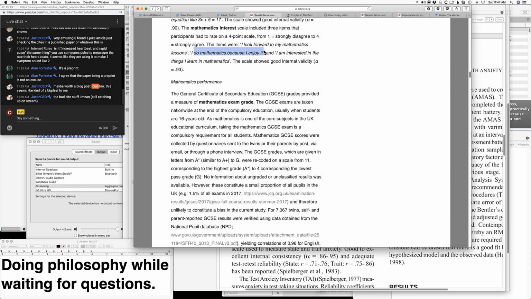They're just associating it with school math, doing busy work for school that's not associated with any of your other interests. And when they say interested in the things I learn in math, again, it's just like learning how to do long division. But they're not asking about learning how to use math to do the architecture you're interested in.